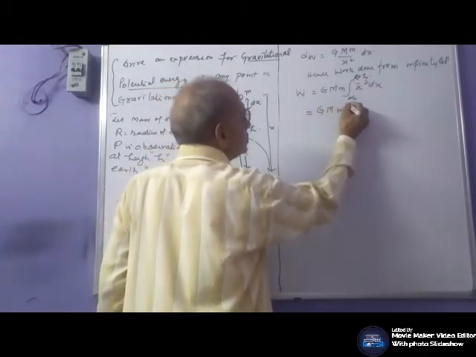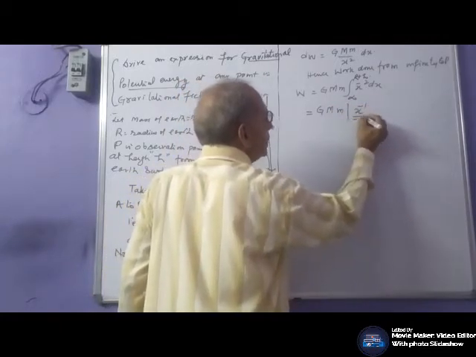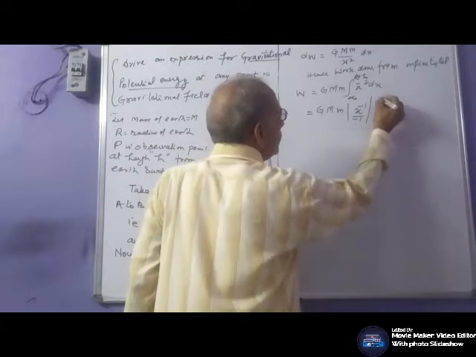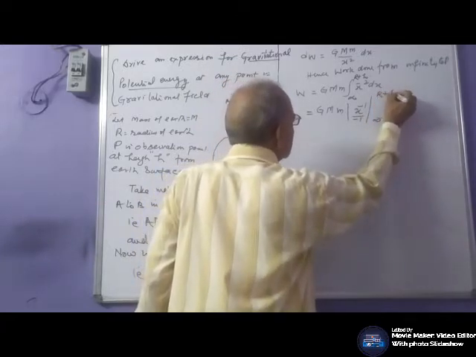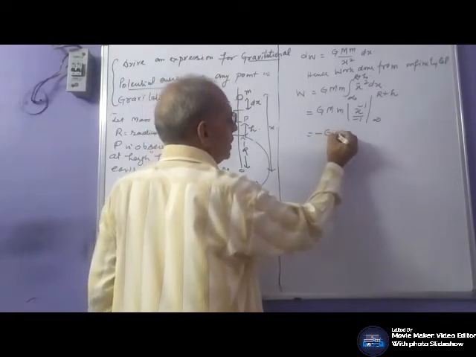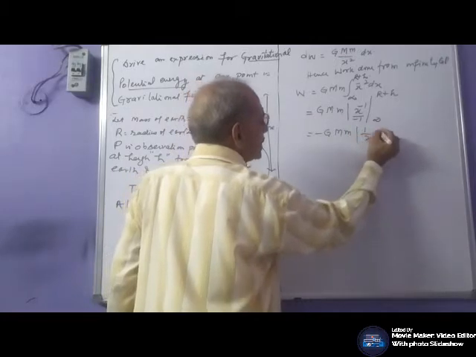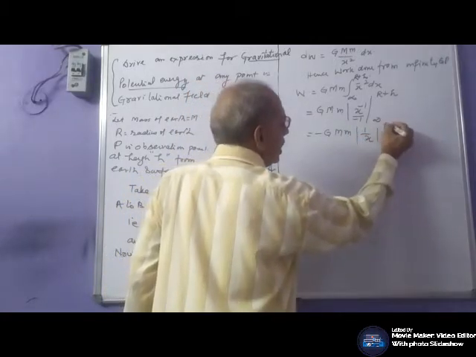GMm, add 1 to the power, divide by the same power, infinity to r plus h, minus outside. GMm, 1 by x, infinity to r plus h.